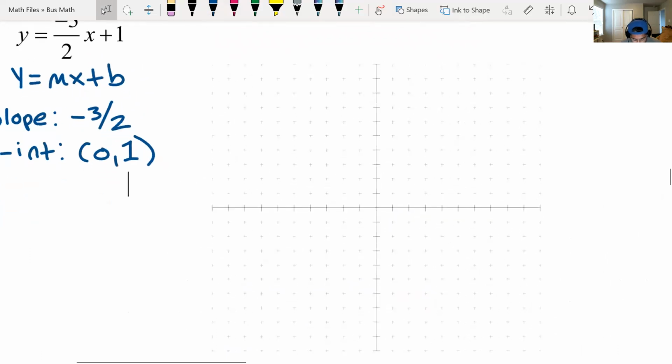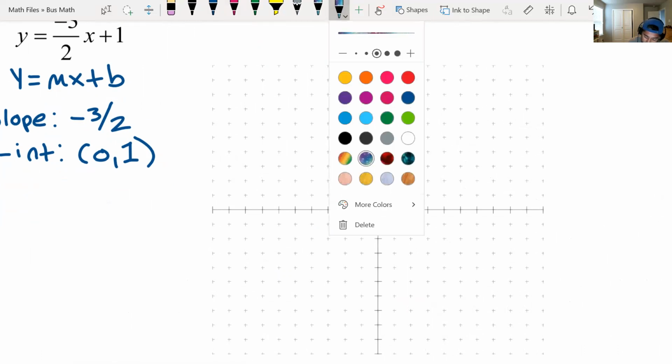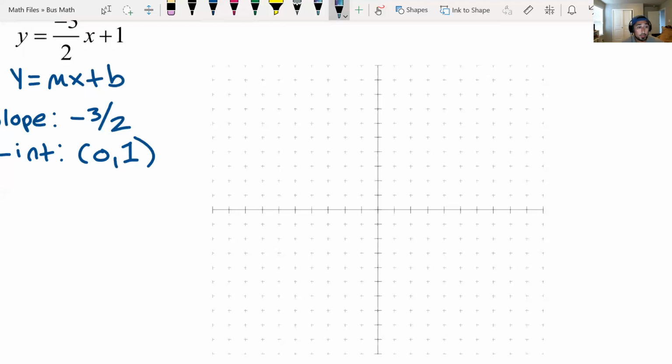Okay, so the first thing we're going to want to plot is the y-intercept. Okay, so the y-intercept is at (0, 1).